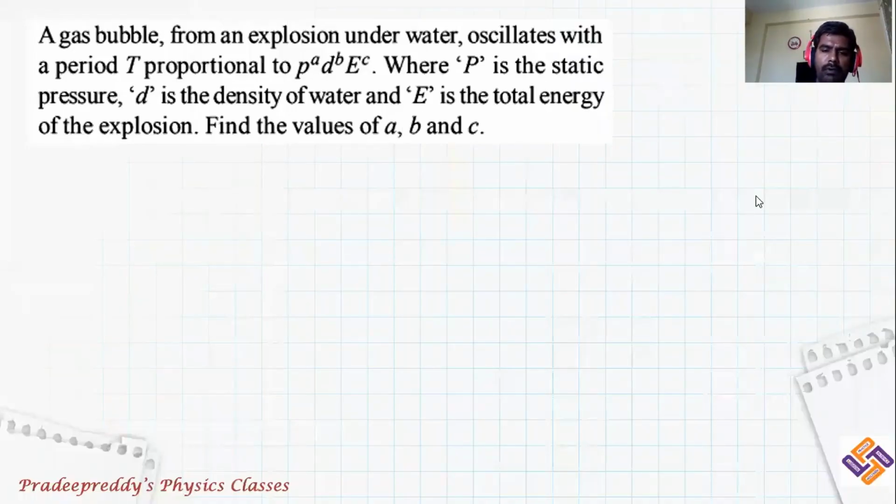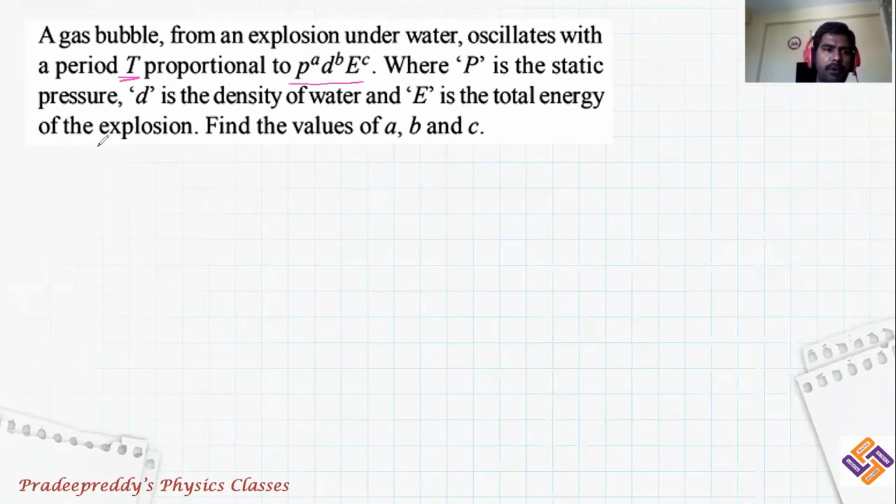Let us solve one more example. A gas bubble from an explosion underwater oscillates with a time period T proportional to p power a, d power b, E power c.